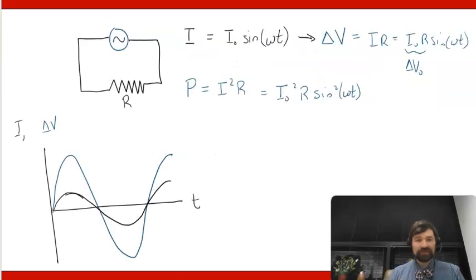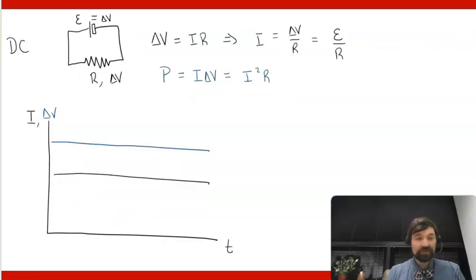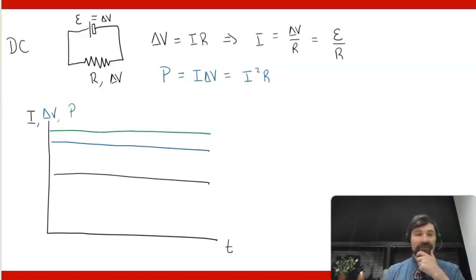Okay, so we come back over here. This is our current, this is our voltage. Over here, we could have also plotted power. The power basically would just be these two graphs multiplied by each other, which I'm just going to represent by another line.